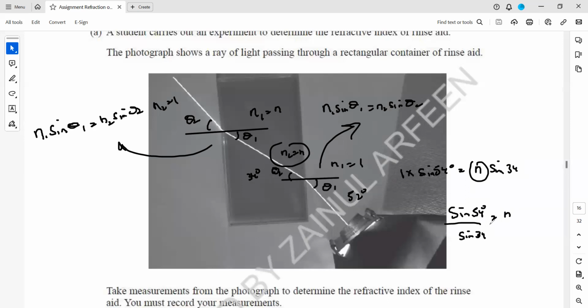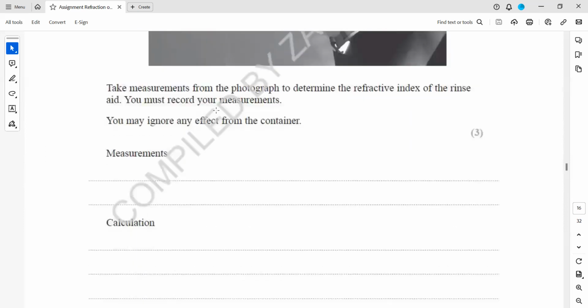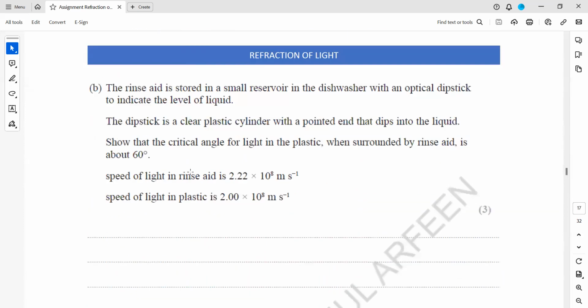If you take sine 54 over sine 34, keep in mind the calculator should be in degrees. So 1.46. Always write your answer in two significant figures or three significant figures or two decimal places. So measurement and calculation is what you will show.